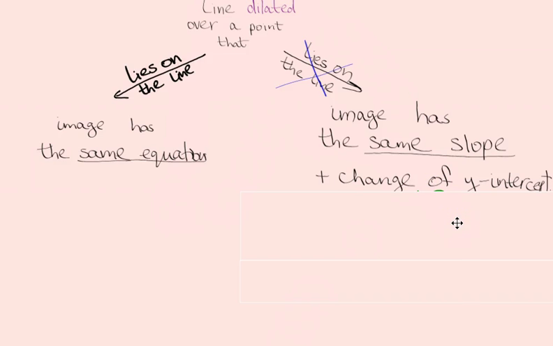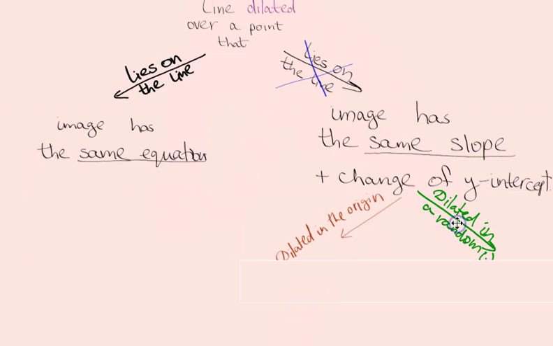If it's a random point, then you will have to find the y-intercept by construction. If you have a center of dilation as the origin, then you can tell for sure that the new y-intercept will be a product of your coefficient of dilation and the original y-intercept.